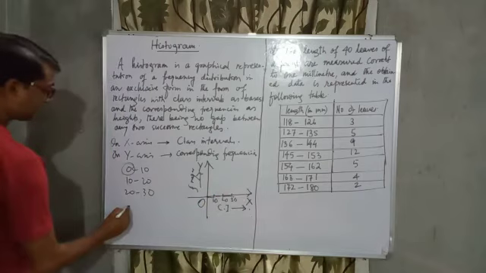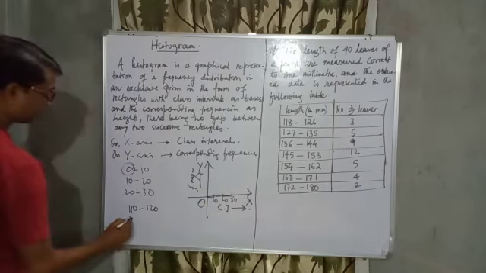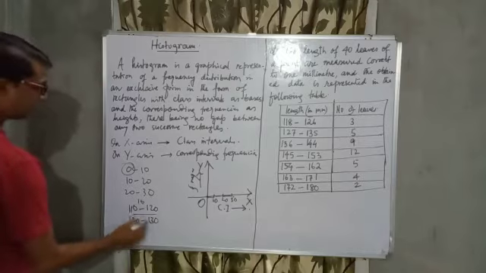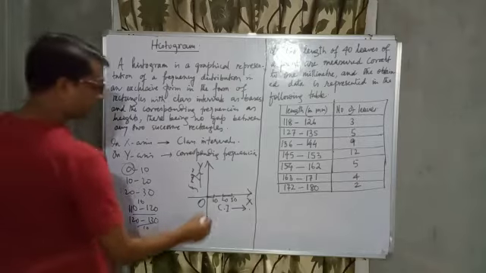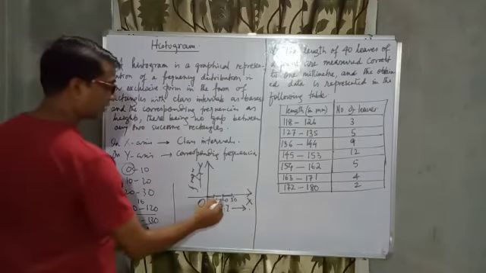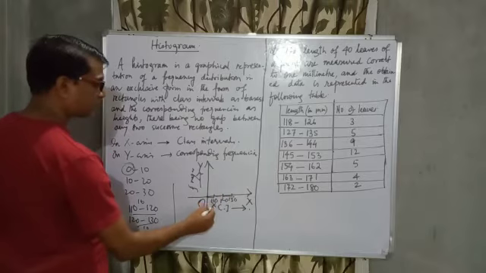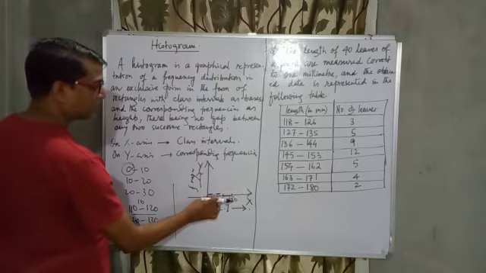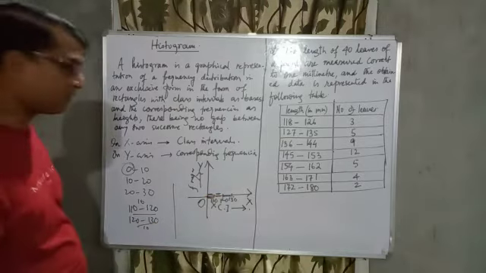But suppose it is 110 to 120, 120 to 130. This length is 10, this length is also 10, but if we mark 110, 120, 130 from the origin, this is wrong, because this length is 110 units and this length is 10 units, so it is not justified.